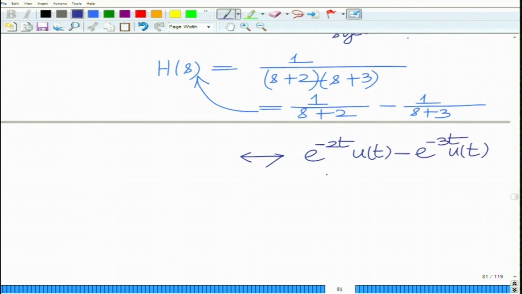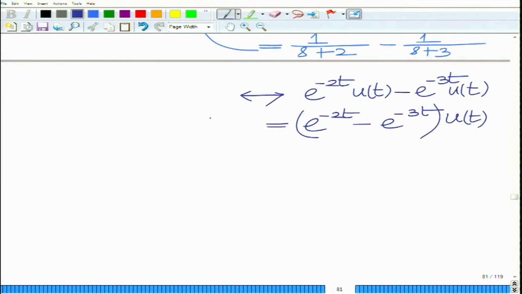That is, this is the causal system, a right handed signal corresponding to this Laplace transform, which is e raised to minus 2t minus e raised to minus 3t times u(t), and that is basically your h(t). This is the impulse response.